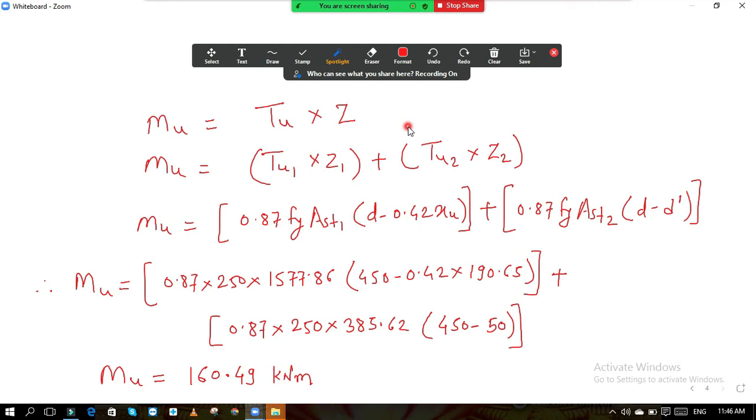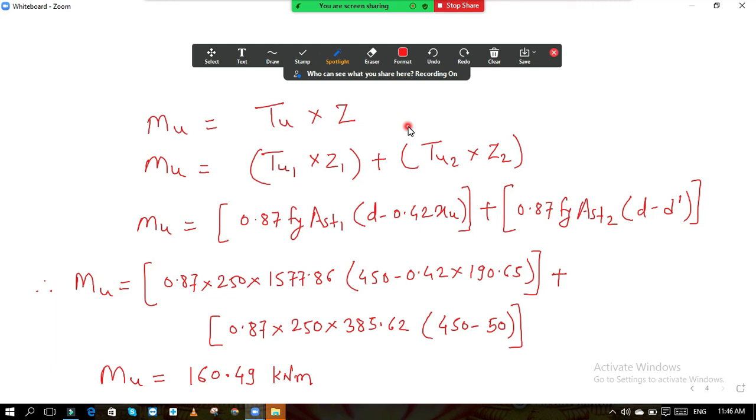I will tell you with one example. I have told you the concept of the doubly reinforced section. Today we have first seen what a doubly reinforced section is, then the necessity of a doubly reinforced section, then the basic predominant assumptions in the doubly reinforced section, then how the doubly reinforced section is made, that is, the combination of a singly reinforced section plus some additional section.